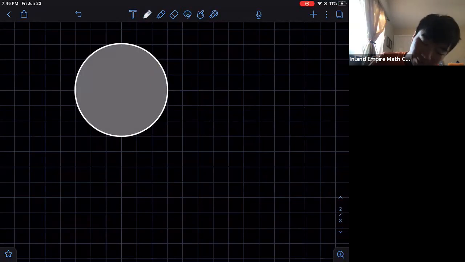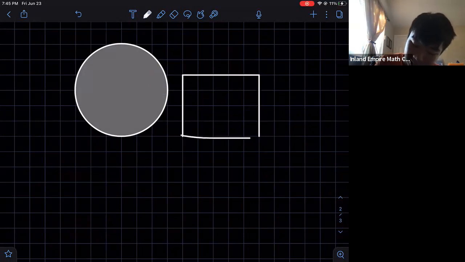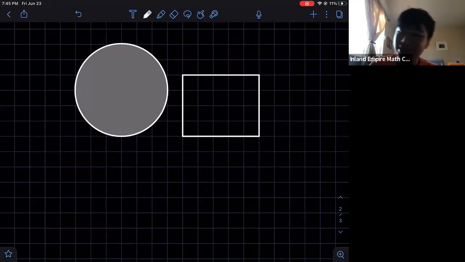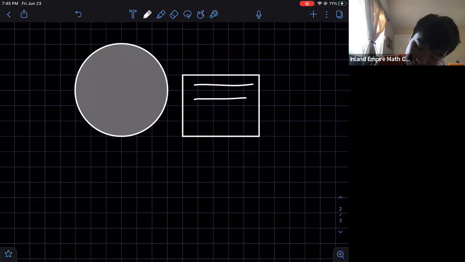Well, for example, if we take something like a rectangle, it's super easy to figure out the amount of area it takes up in terms of the squares that are here. We simply count the number of squares that it takes up. You see that it takes up 5, 5, 5, 5.